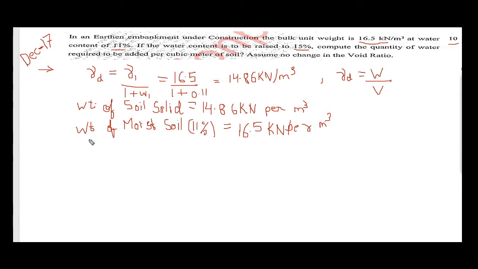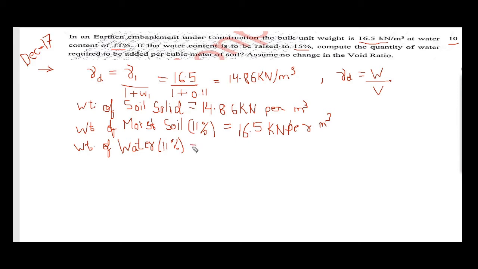Now we have to calculate how much water is present at 11%. We just have to subtract these values. The weight of water at 11% will be the weight of the soil mass minus the weight of the soil solid.